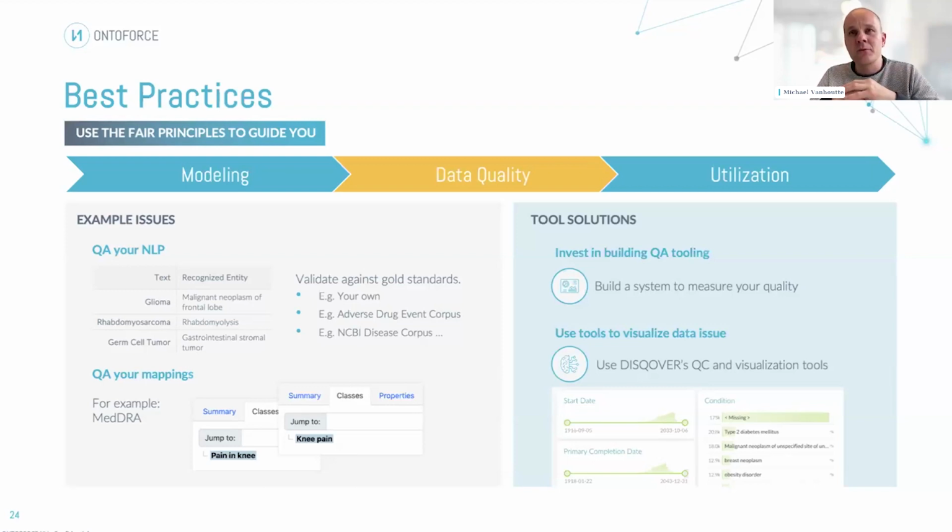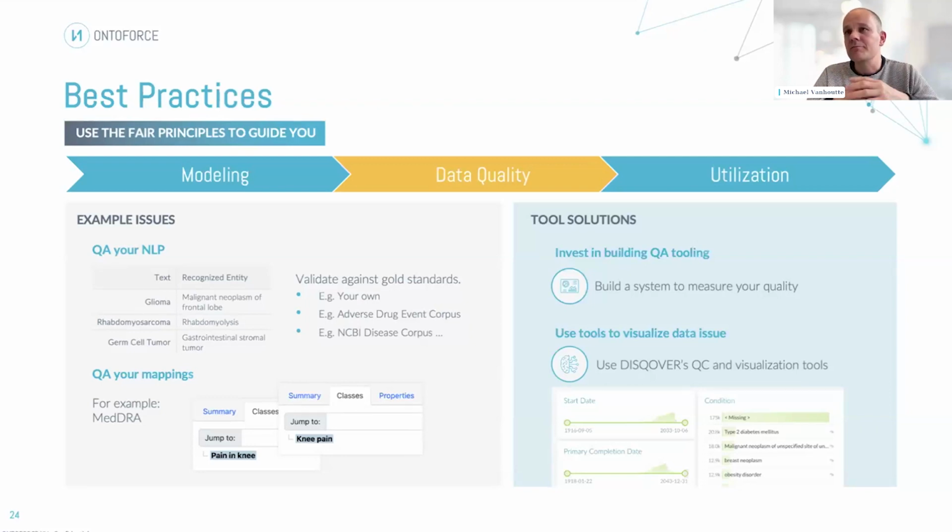Within OntoForce, we're going to be releasing Discover 7 later this year. Part of Discover 7 is going to contain a feature called Discover Assistant, which will allow you to perform natural language querying against your knowledge graph data. For us, there were three main parts in the development of that capability.